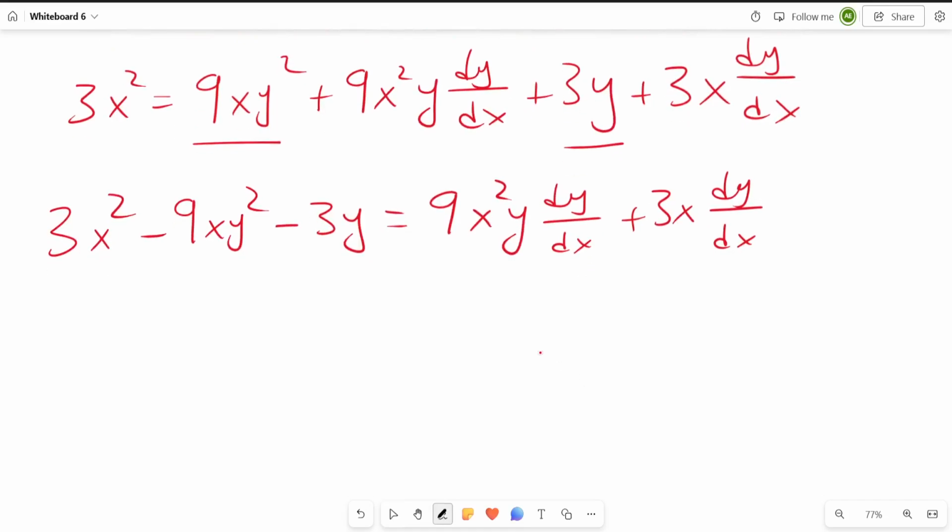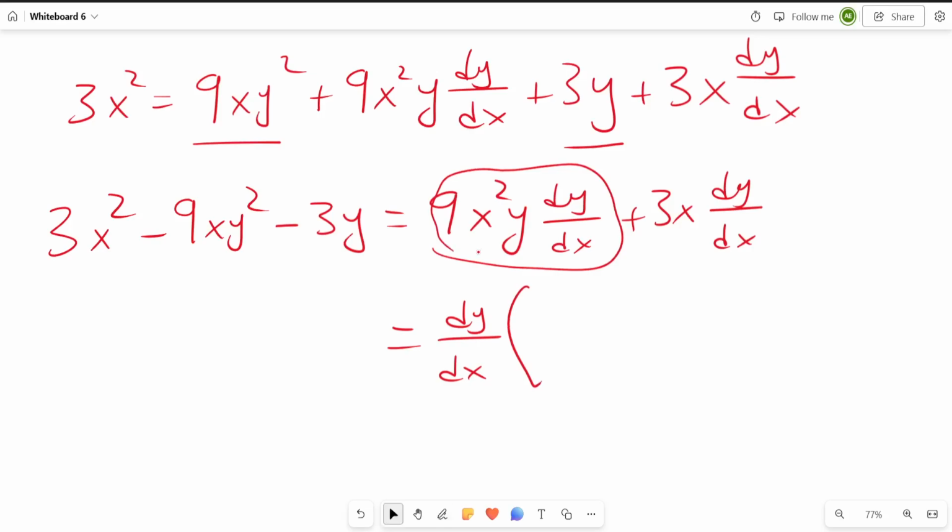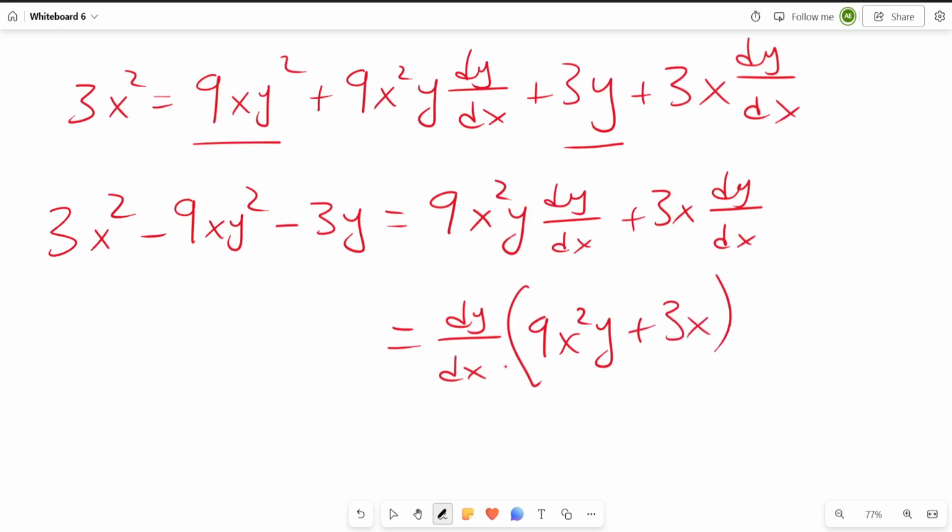From here, I can take dy by dx common. So this whole thing times dy by dx is basically 9x squared y. The same thing for that, so it's going to be plus 3x. And this is equal to 3x squared minus 9xy squared minus 3y.